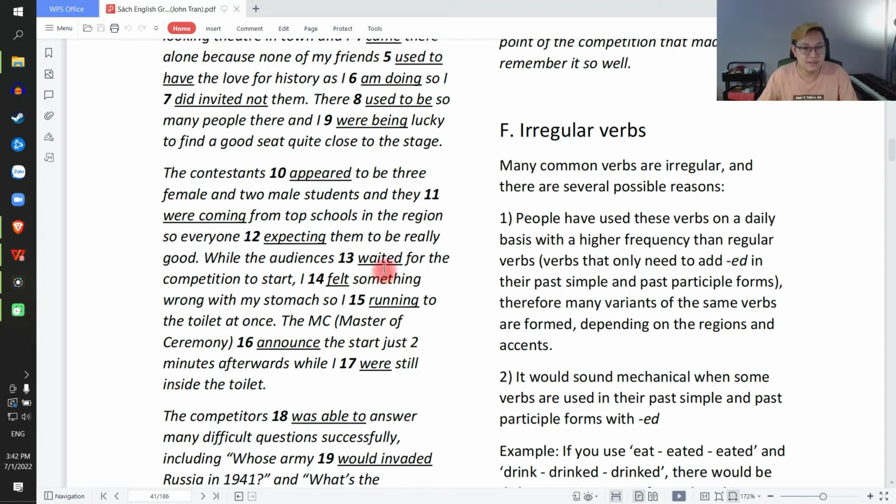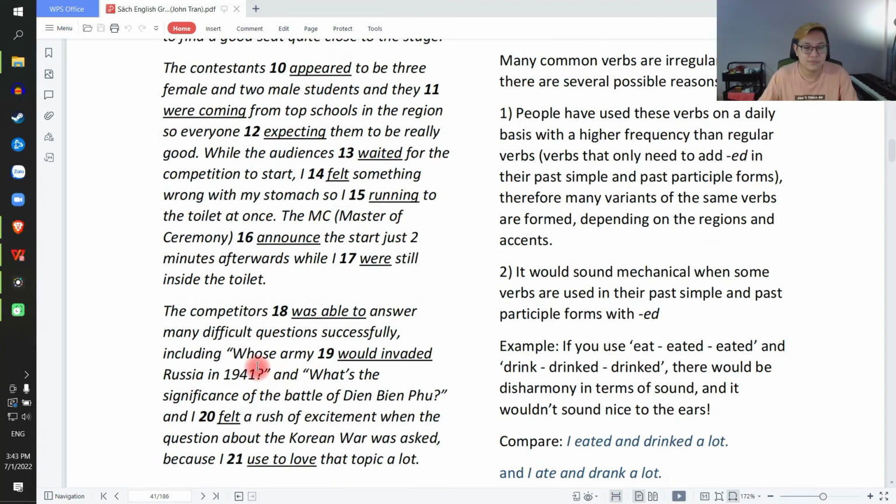While the audiences were waiting for the competition to start, I felt something wrong with my stomach, so I ran to the toilet at once. The MC, or master of ceremony, announced the start just 2 minutes afterwards, while I was still inside the toilet.